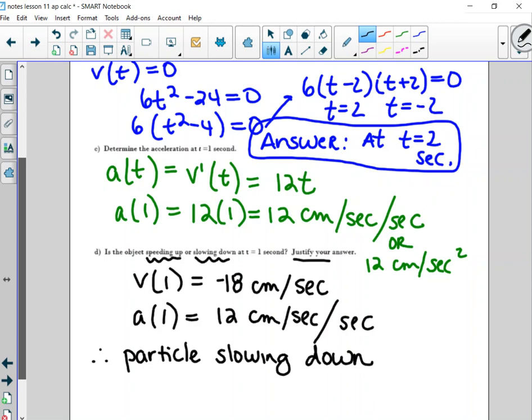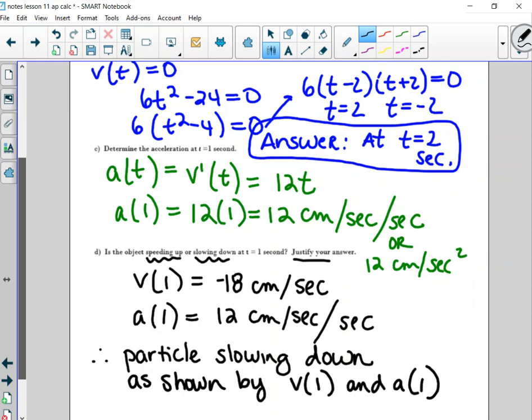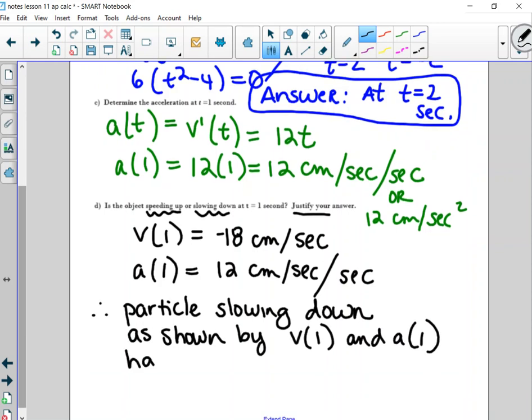And the best way to describe this, the easiest, smoothest justification, is to say, I know that's happening because the velocity at 1 and the acceleration at 1 have opposite signs.